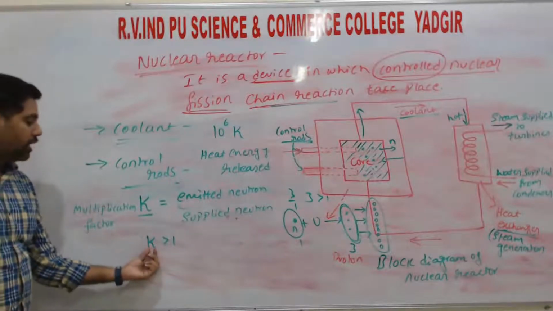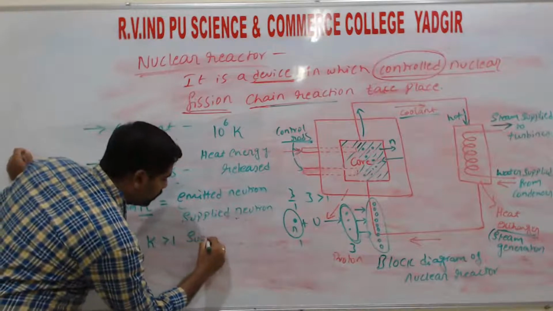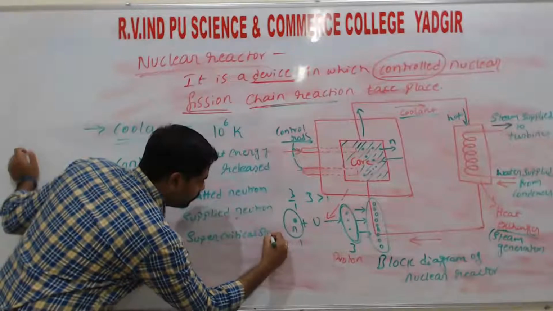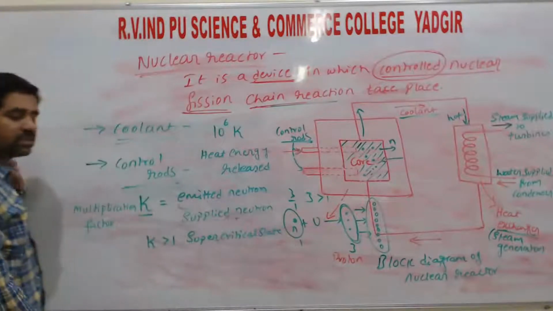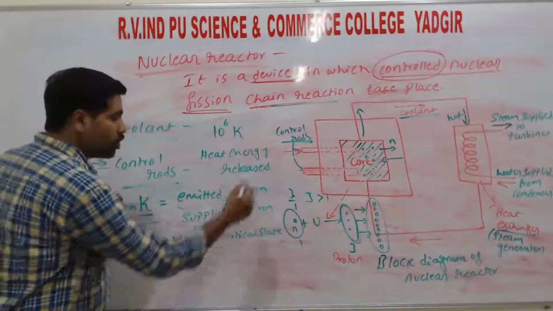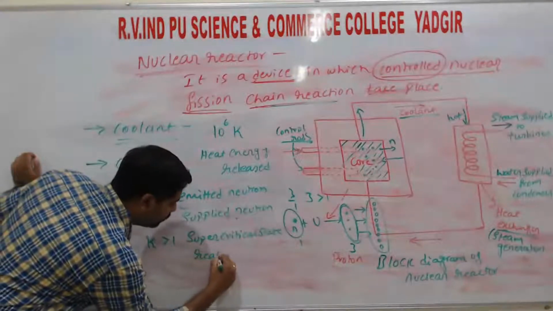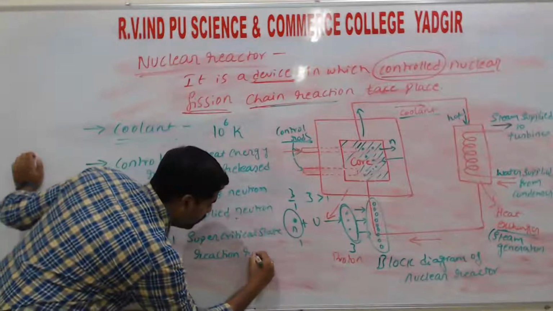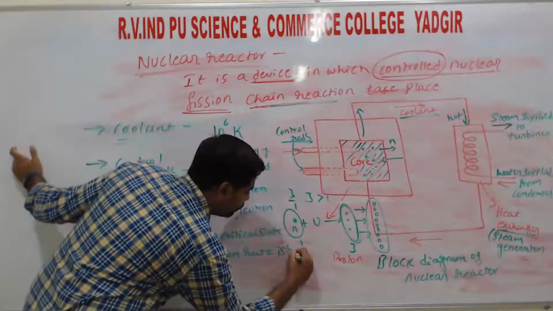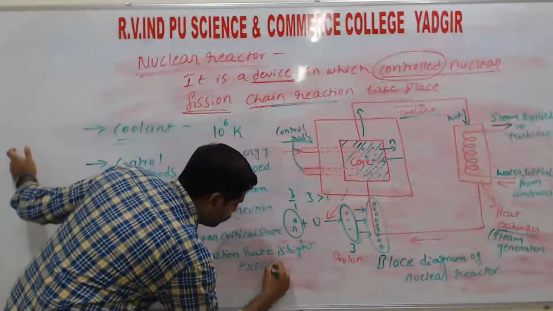So this condition, when K is greater than 1, is the supercritical stage. In this stage the reaction rate in the nuclear reactor is very high. This leads to an explosion.